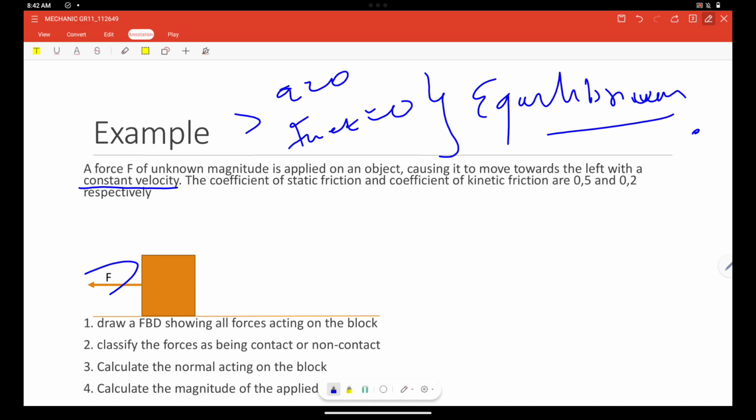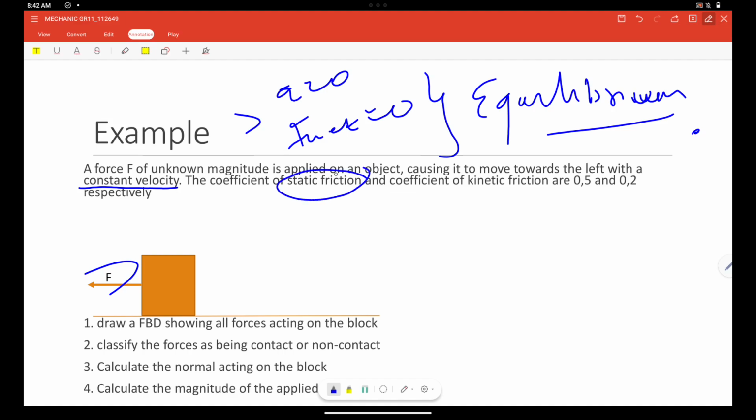And it's very important to underline important things from the statement. And then it says the coefficient of static friction and coefficient of kinetic friction are 0,5 and 0,2 respectively, in that order that was given.